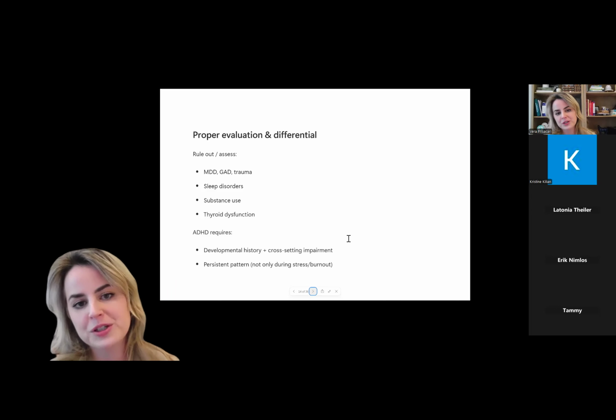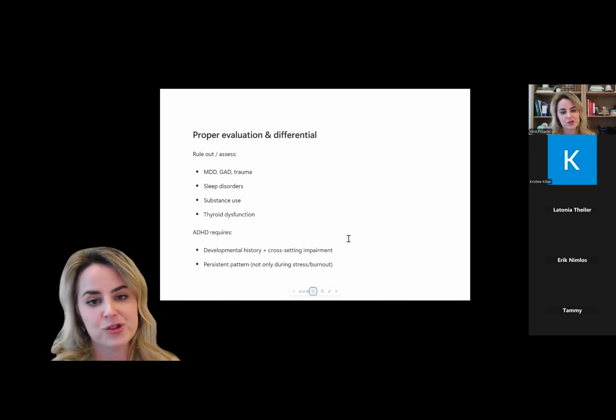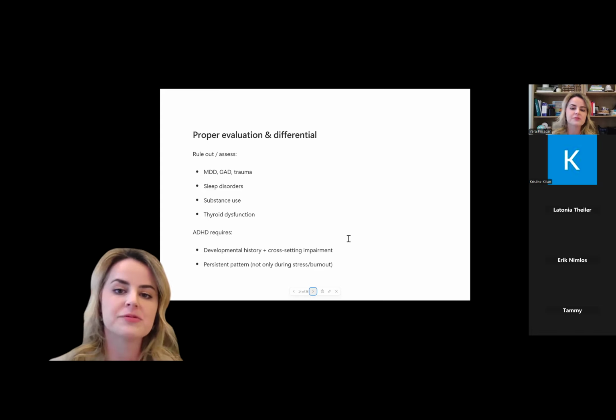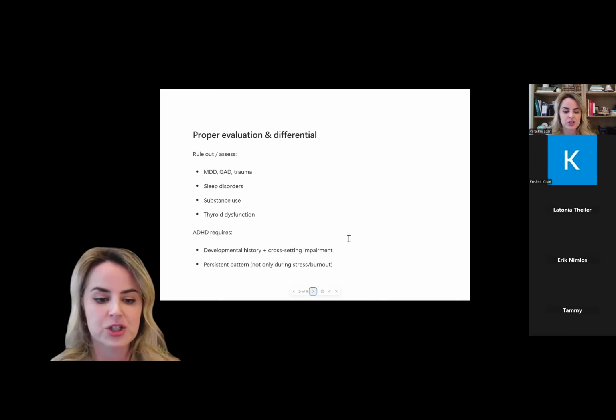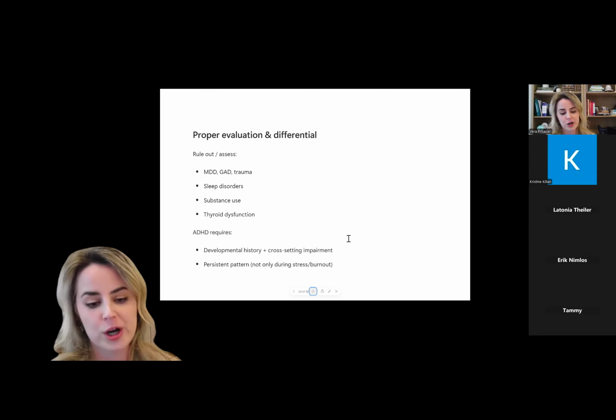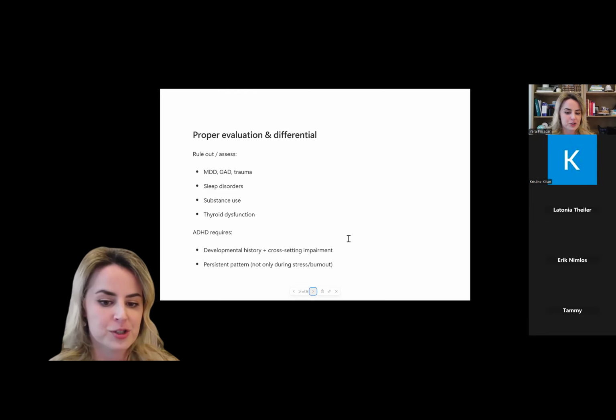So, if we're truly talking about ADHD, remember, it's not just the current symptoms, we also have to look back at developmental history. This is a neurodevelopmental disorder that starts in childhood. It can be hard to remember, but it's really crucial that we do a good job of discussing childhood history.